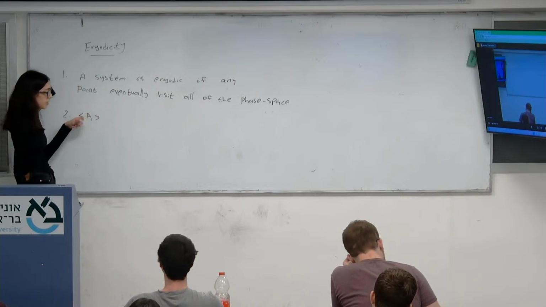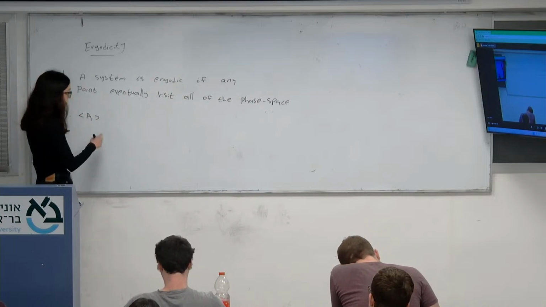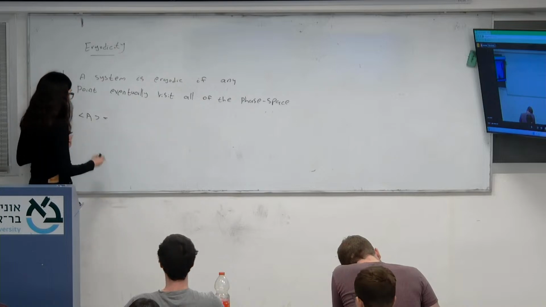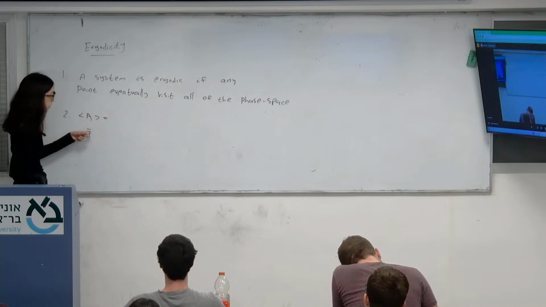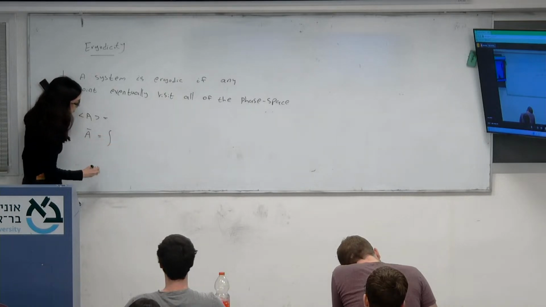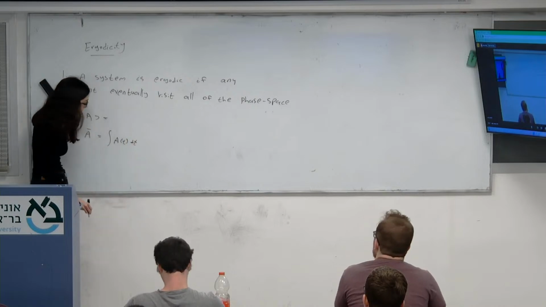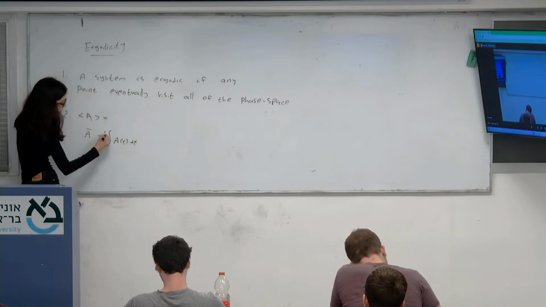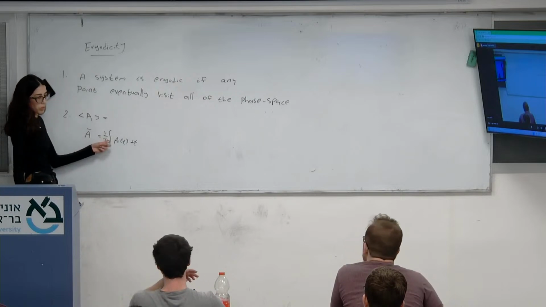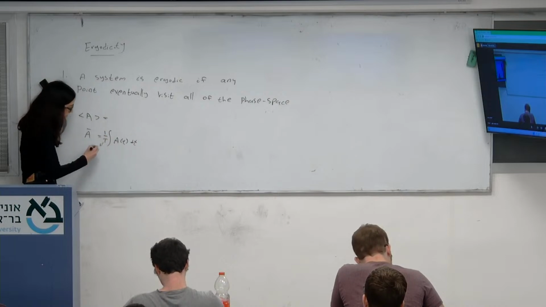The average can be defined over time. This would usually be defined as an integral of a of t dt, and this t is not the temperature, it is the overall time, normalized.